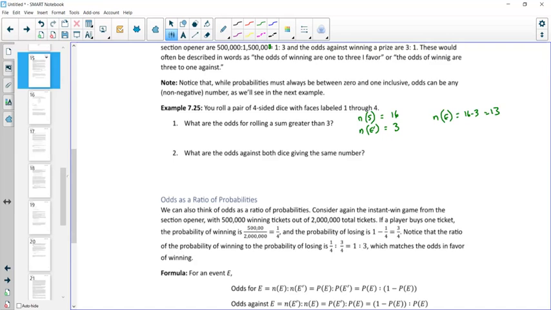So our odds would be 13 that we're going to get a number larger than 3, and 3 that we're not.